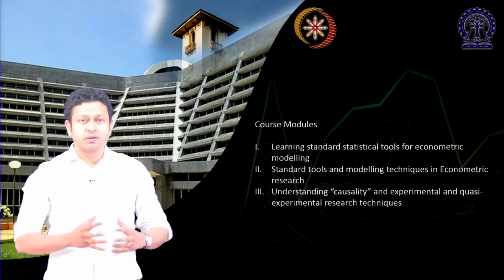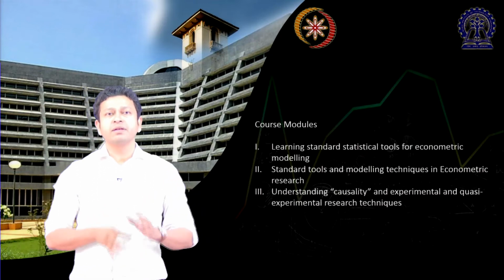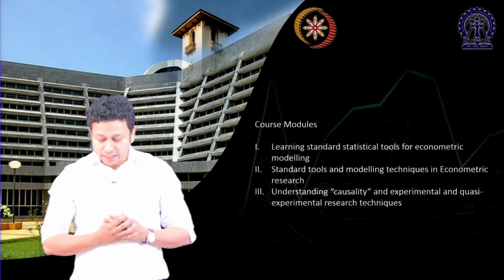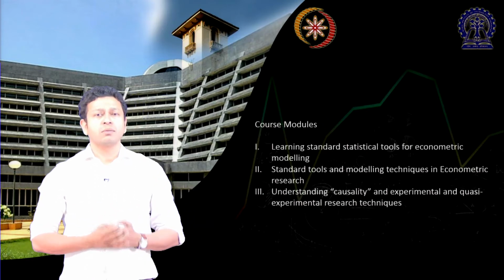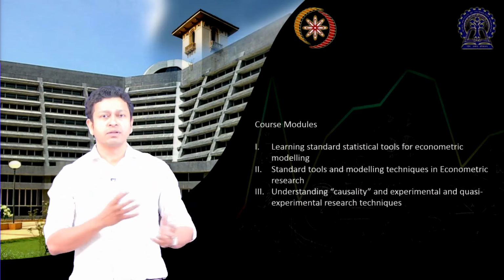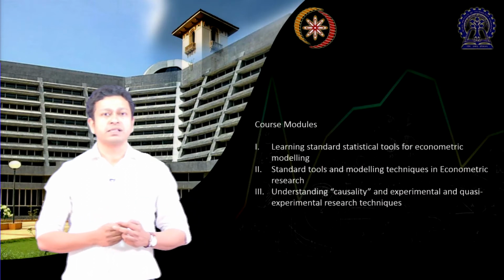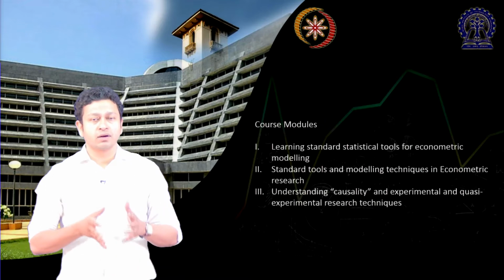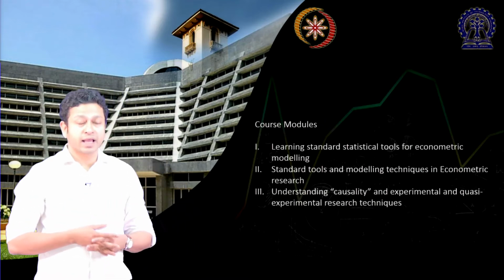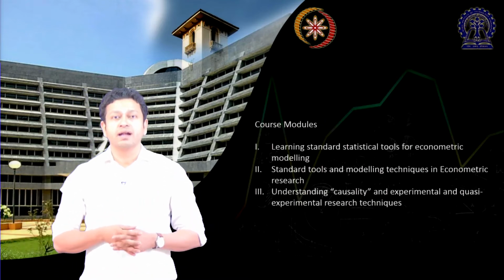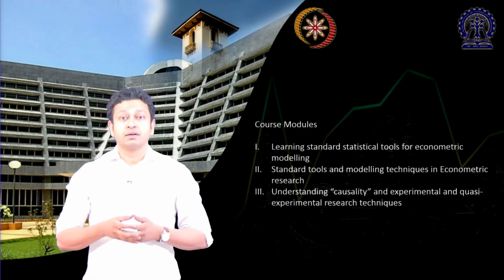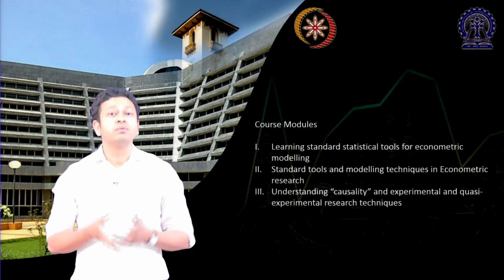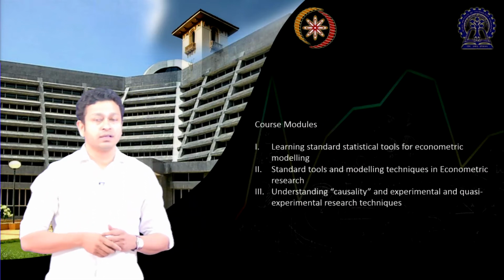In the second module, we delve deeper into econometric modeling, and here again we will talk about standard econometric modeling and correlational studies. We will not really talk about causality or experiments here. But in the third module, we will talk about experiments, and try to understand the evolution of causal research, or how people try to achieve causality when we have built econometric models.